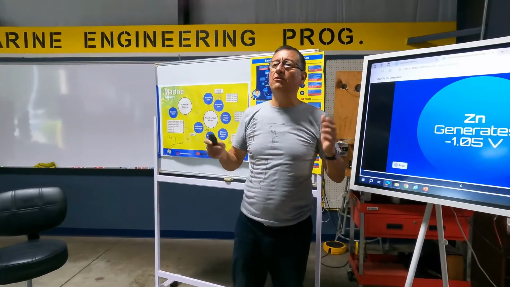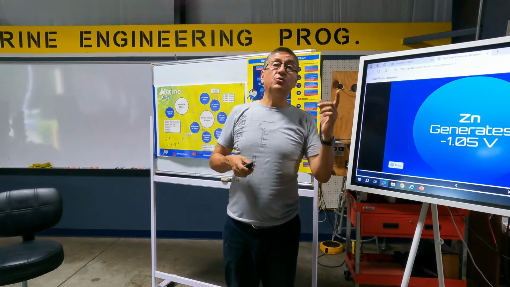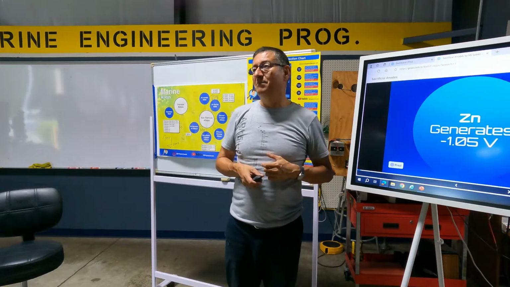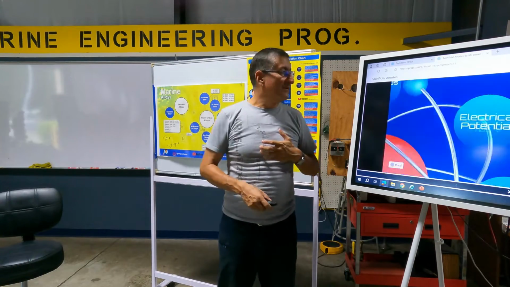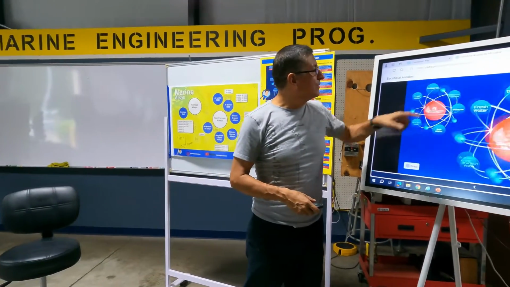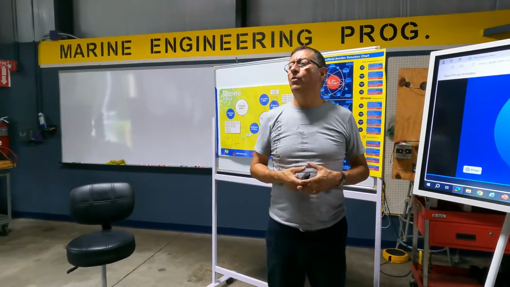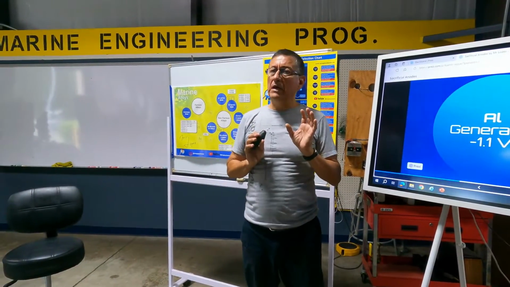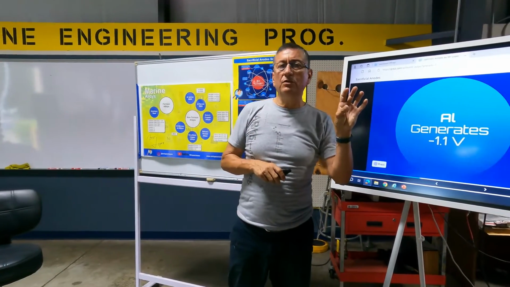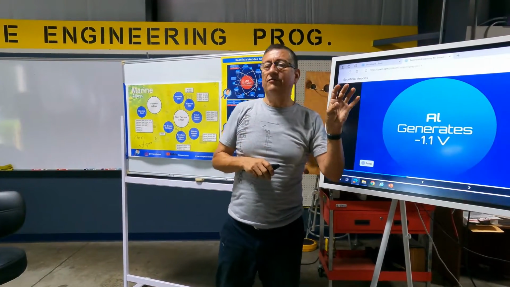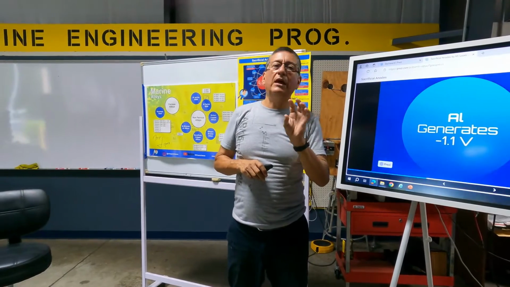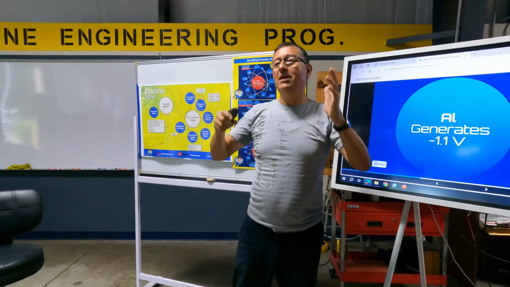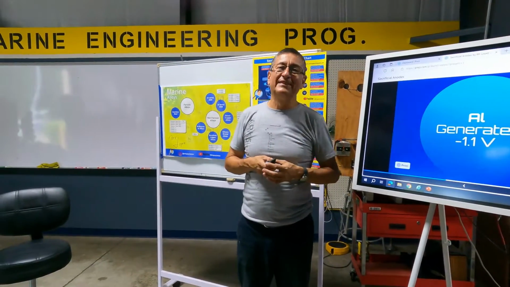Minus 1.05 versus minus 1.6. Magnesium is more anodic, no? What about aluminum? Minus 1.1. In terms of anodic, more anodic is the magnesium alloy. After that, the aluminum alloy, and the last one is zinc. And the most famous is zinc, no?